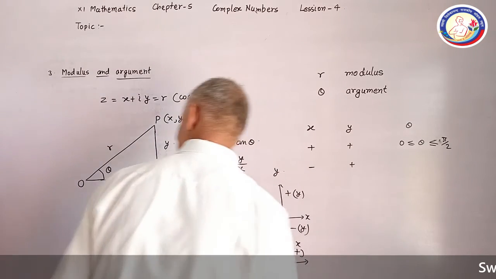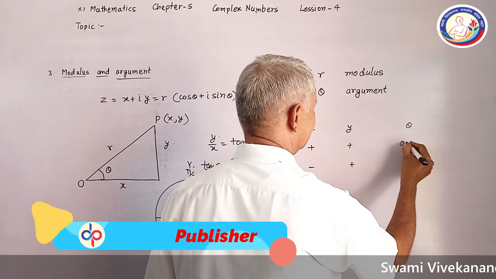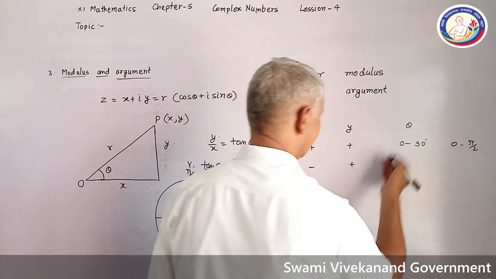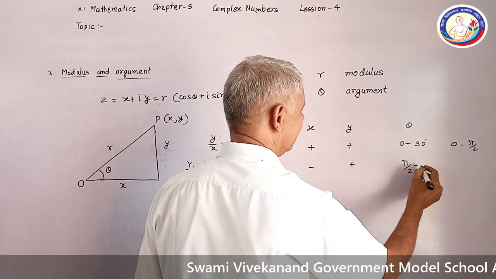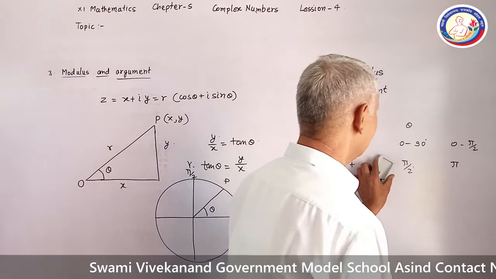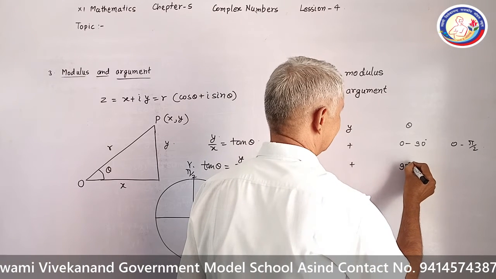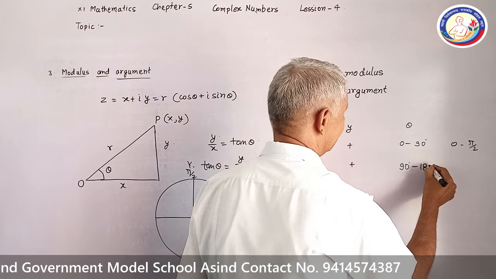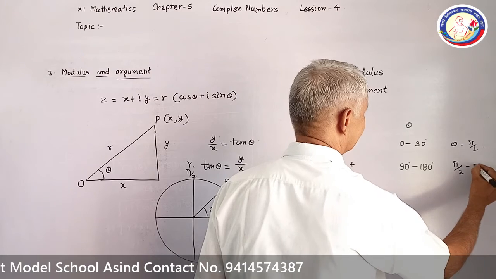The angle will be between 0 to 90 degree, or 0 to pi by 2. Now more than pi by 2 and up to pi, sorry, I have written it in the wrong manner. This is 90 degree, more than 90 degree and up to 180 degree. This means pi by 2 to pi.